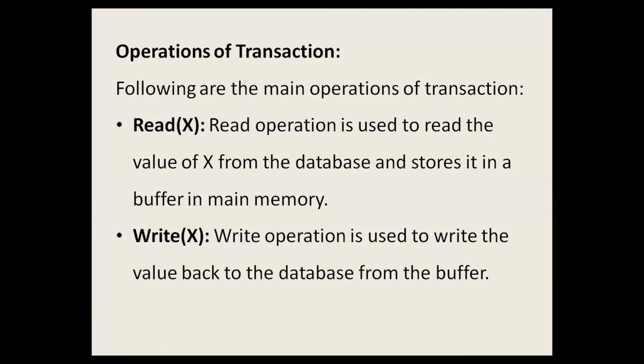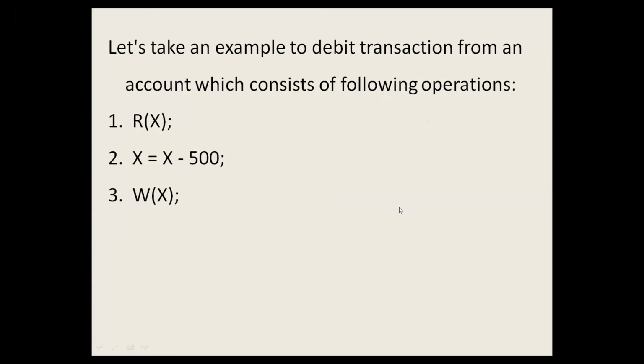This is used to write a value back to your database. And since the size of your main memory is small, once you complete the operation, you don't keep that in your main memory. You will again send it back to your secondary storage device. So, right, this is what happens here.